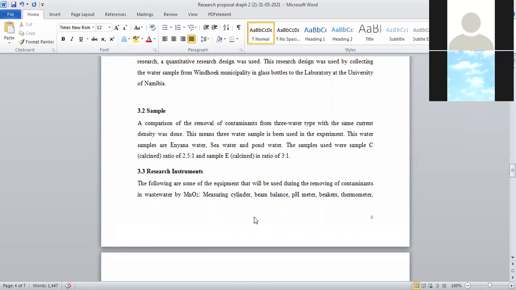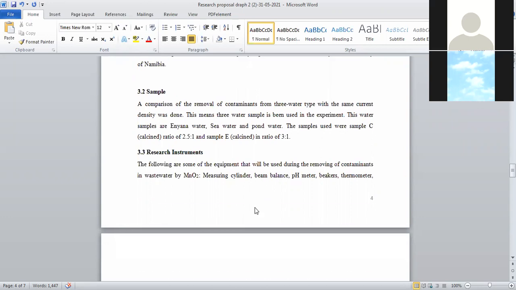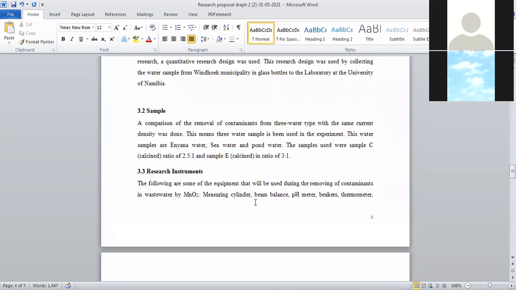This comes under research instruments. Then you will ask, what about chemicals? Yes, chemicals required, that will be the separate heading. So what project you're doing, what chemicals required.